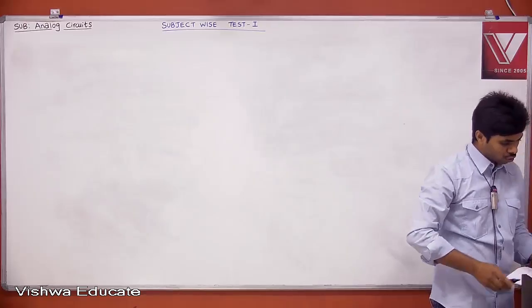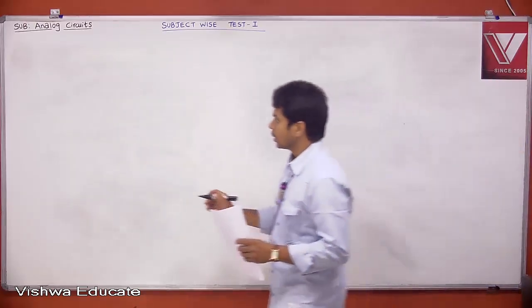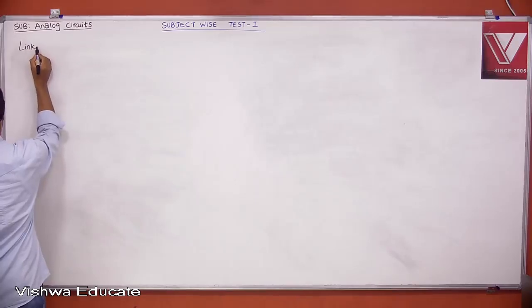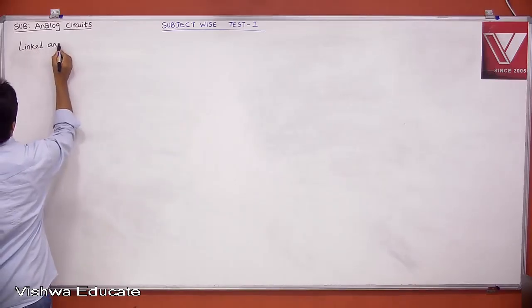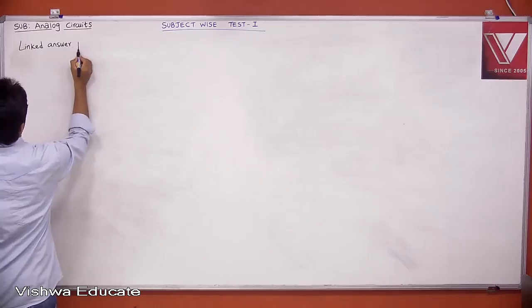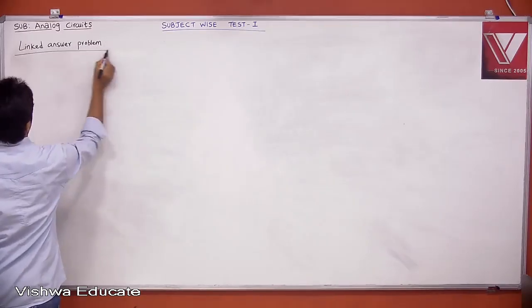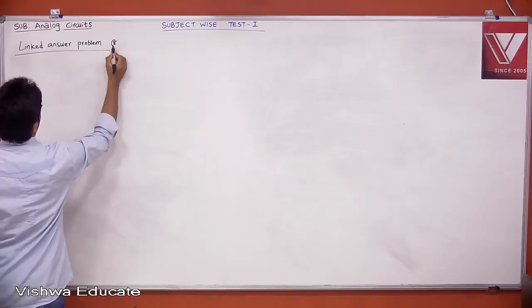Consider the CMOS circuit shown. This is linked answer problem 8 and 9. For the second bit, the first bit answer is required. Okay, 8 and 9.